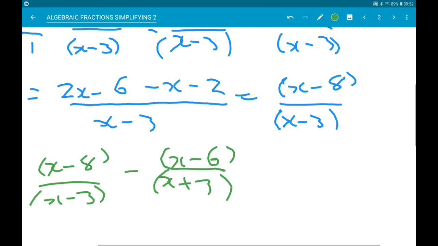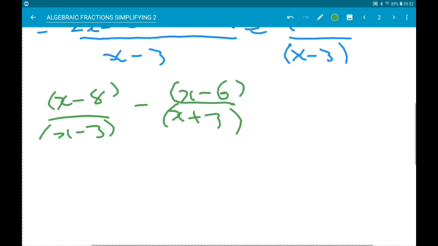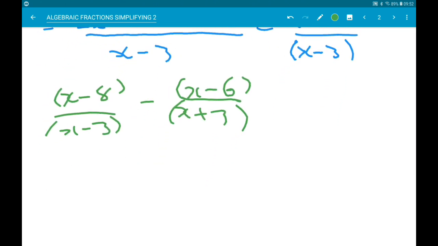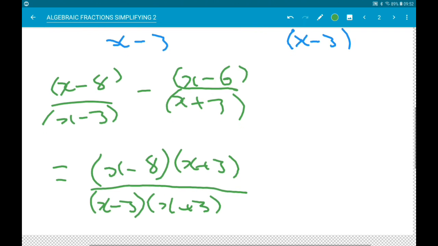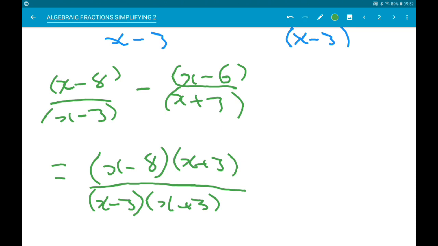So for the first fraction, we're multiplying the top and bottom by x + 3. And then for the second one, we're multiplying top and bottom by x - 3.